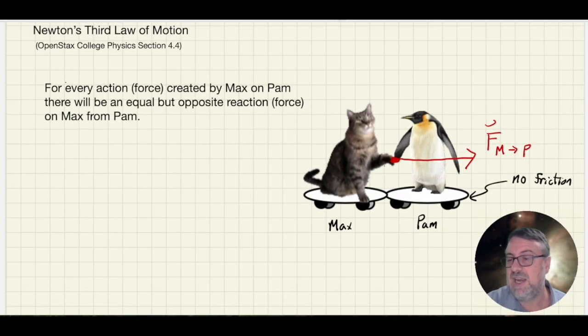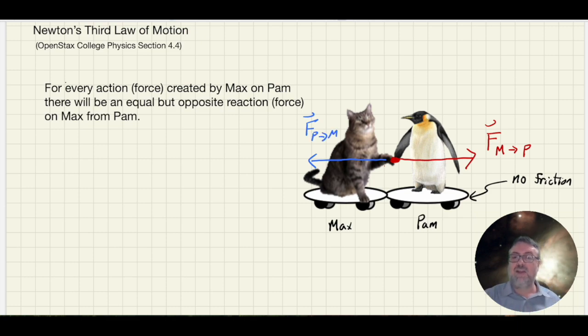We read the subscripts on the force as Max applying a force on Pam. Now, this would be the action. You cannot create an action without experiencing an equal but opposite reaction. So, as Max applies this force to Pam, he will experience a force in the opposite direction. We'll call that force the force of Pam on Max.